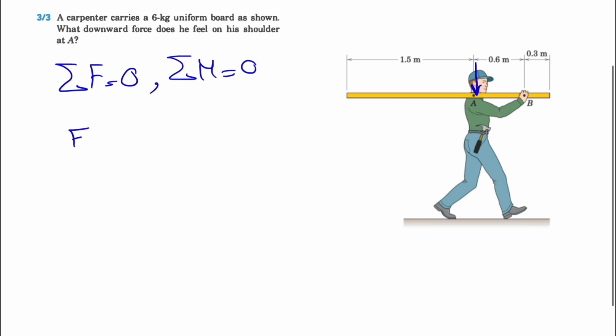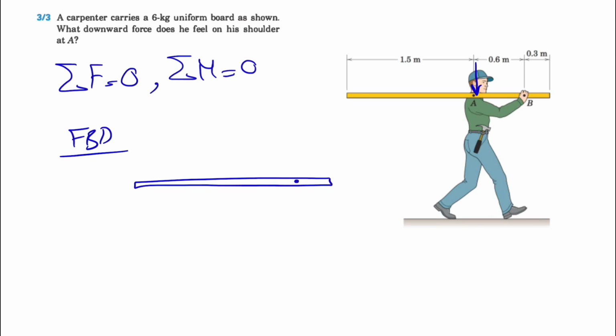What the question is asking is the force that the board is applying on the carpenter's shoulder. But we're going to draw the free body diagram for the board. So we have point B, we have point A, and obviously we have the weight of this board, which will be applied at the center of the board. Since we have a uniform board, the center of gravity would be exactly at the center, which we can figure out from the length.